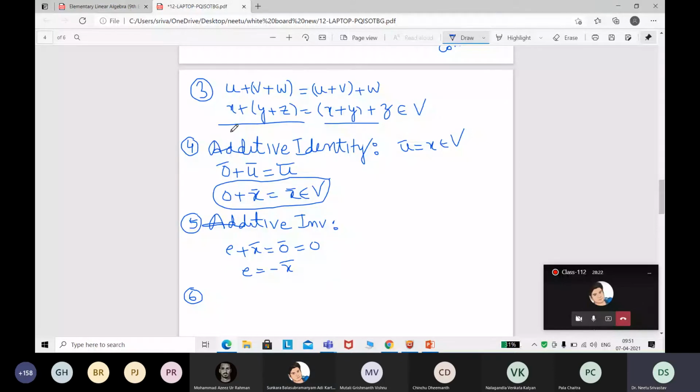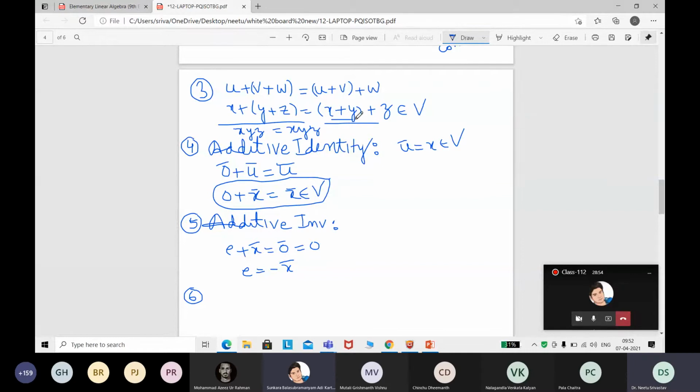What are we getting after adding? Can you tell me? We are getting x, y, z. And here also I am getting x, y, z. Correct?